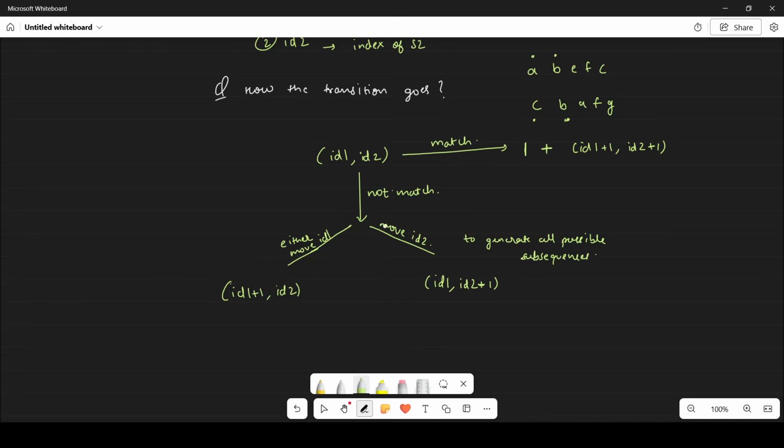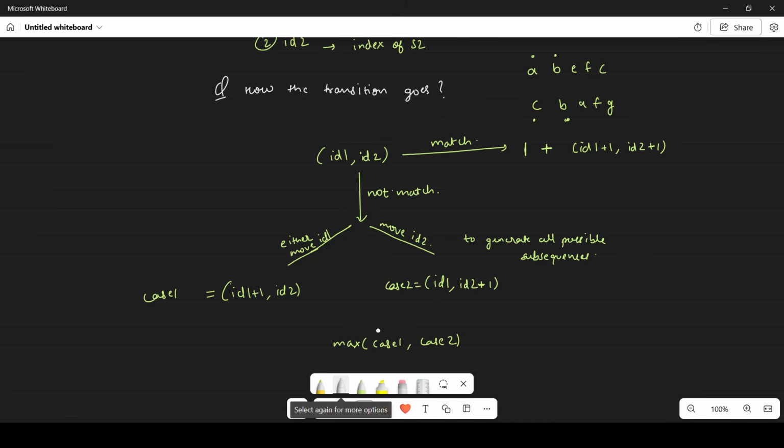Since you want to find the maximum length, because LCS is returning the maximum common subsequence, you have to find the maximum out of these possibilities. Let's say this is case 1 and this is case 2, so you have to return the maximum of case 1 comma case 2 to get your correct answer.